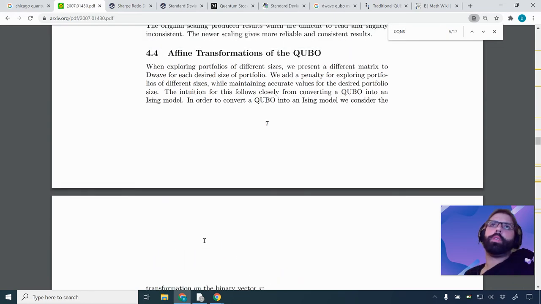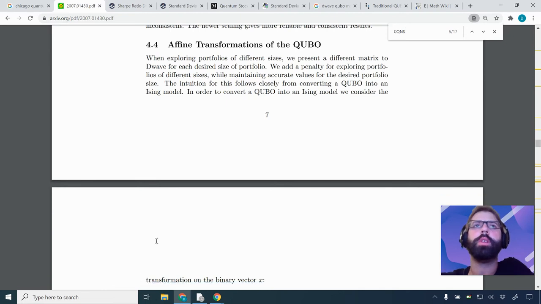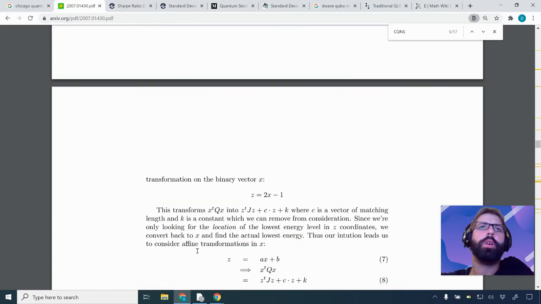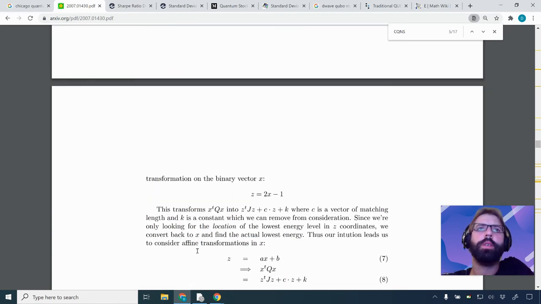When exploring portfolios of different sizes, we present a different matrix for each desired size portfolio. We add a penalty for exploring portfolios of different sizes while maintaining accurate values for the desired portfolio size. The intuition for this follows closely from converting a CQM into an Ising model. In order to convert a CQM into an Ising model, we consider a transformation on the binary vector x.